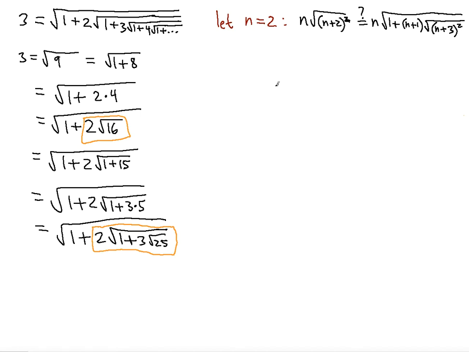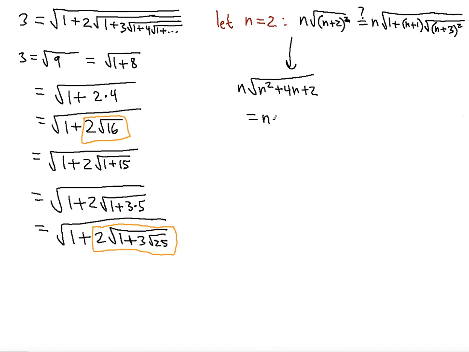Well, let's see. This can be written as n radical n squared plus 4n plus 2, which is equal to... Now, what is this equal to, by the way? Well, this part is equal to n plus 3, because taking the square root of the square of n plus 3 is n plus 3 itself.